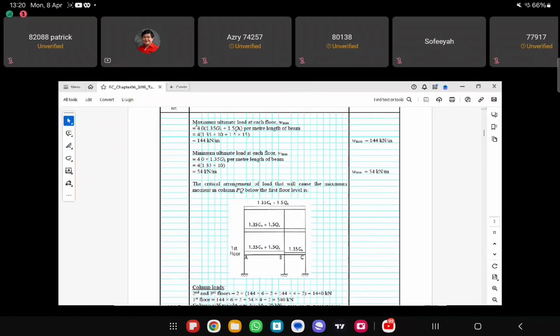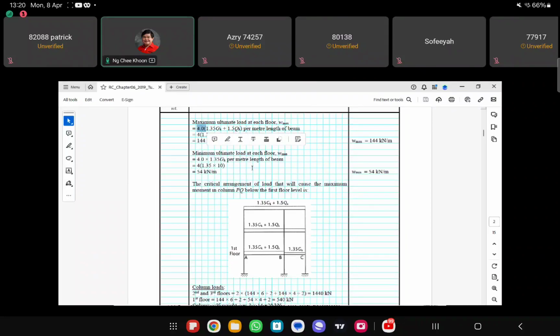So the maximum ultimate load at each floor, per meter length of the beam, is 1.35 times GK plus 1.5 times QK, right? So where does this 4 come from?